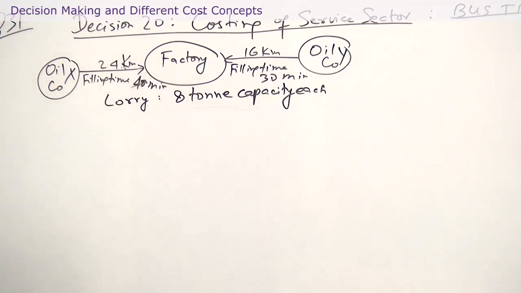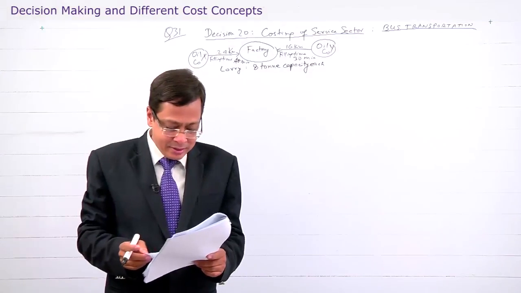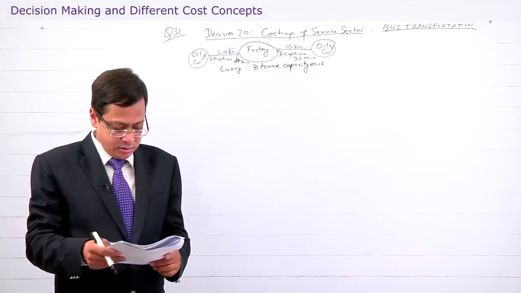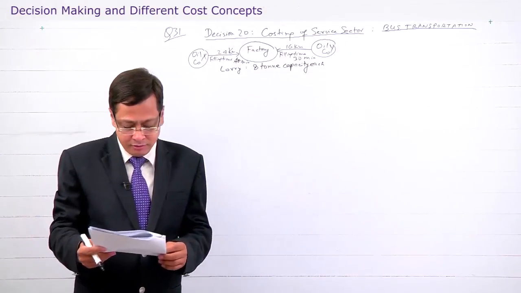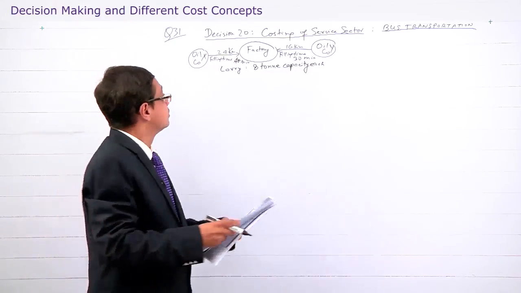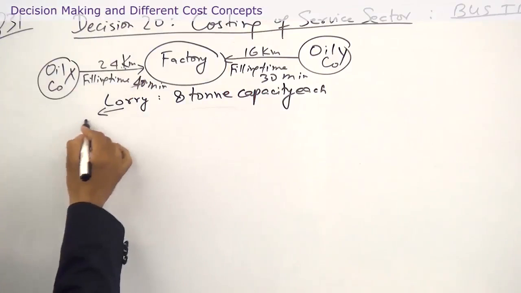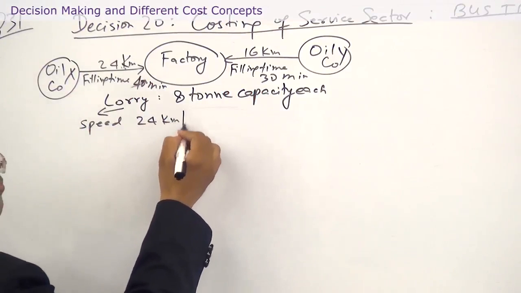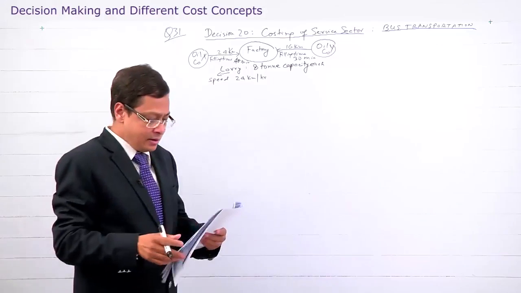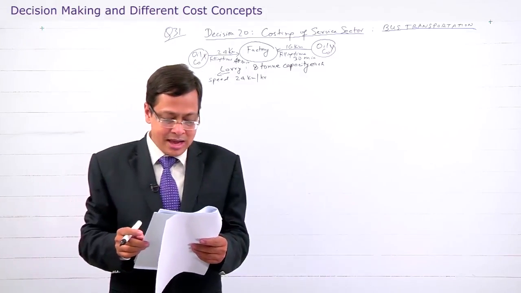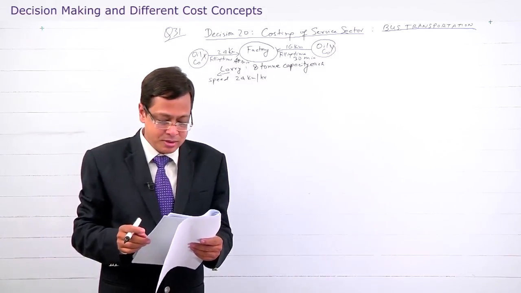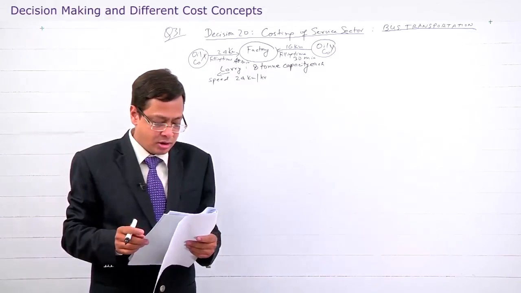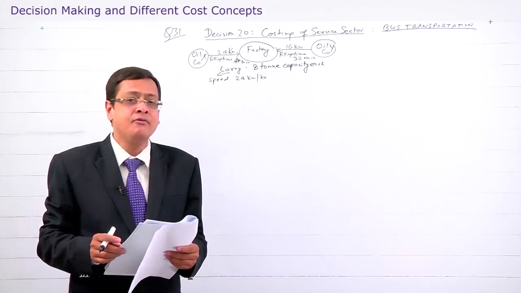The emptying time in the factory is only 40 minutes for each. The average speed of the lorry is 24 kilometer per hour. So, the lorry speed is 24 kilometer per hour.